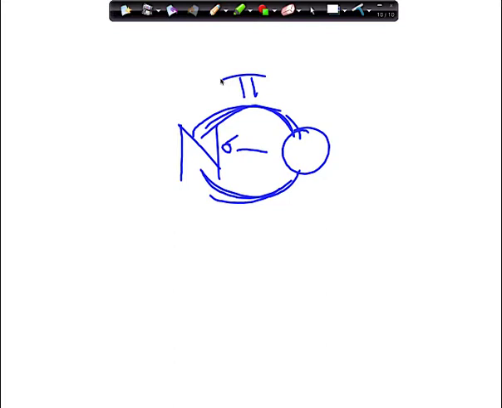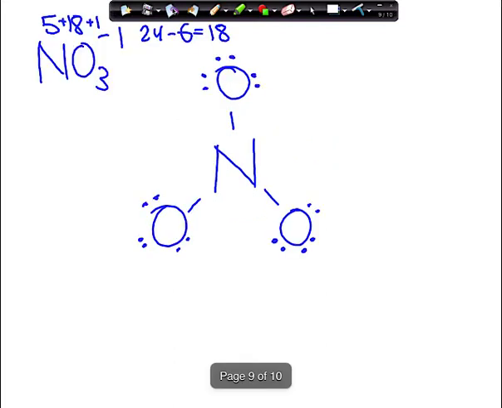So, how do we represent that? Well, guys, the answer is not like this. So what we would do is we would take this and we would move these electrons in here and we'd have that. But that is not NO3. What do we have to do? We have to draw the other 2 conformations.